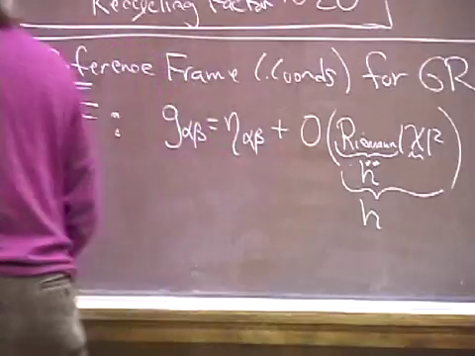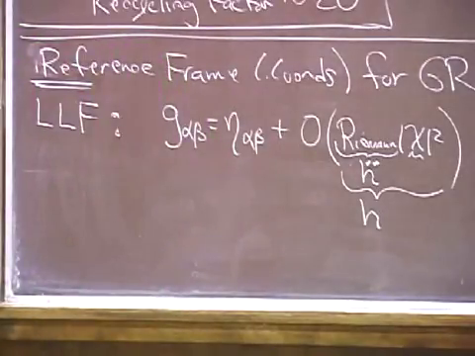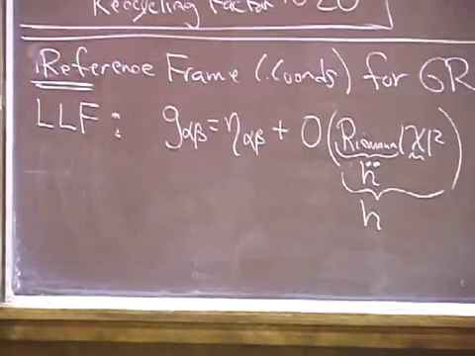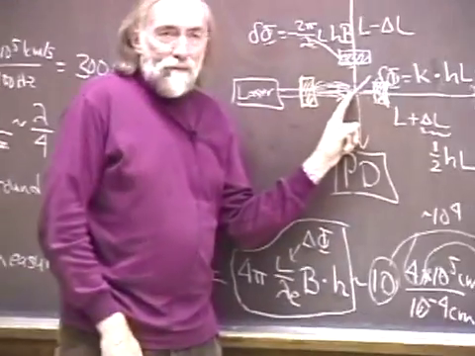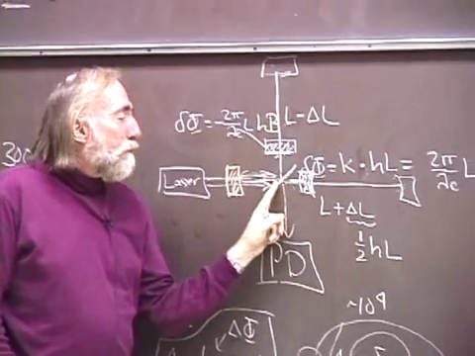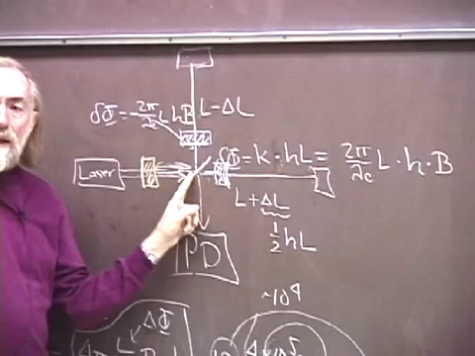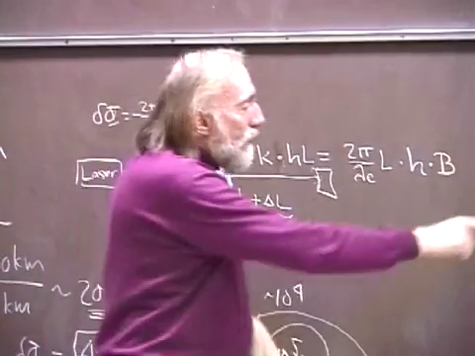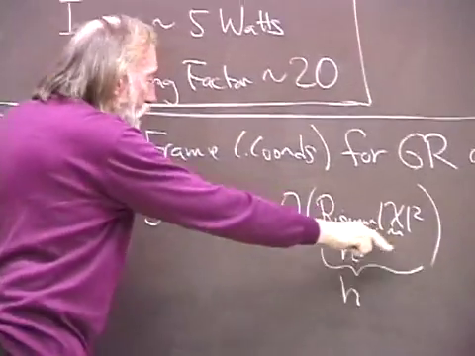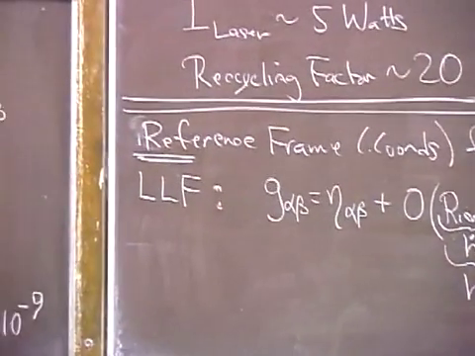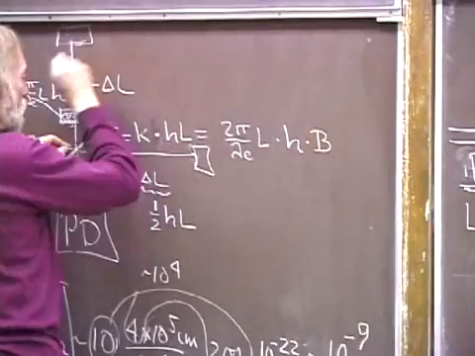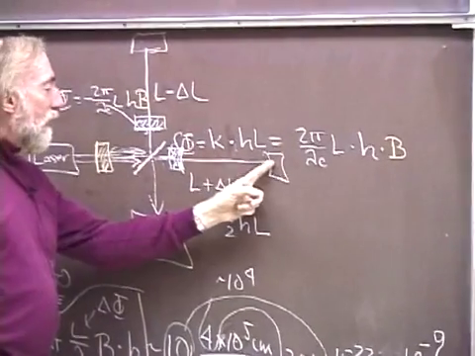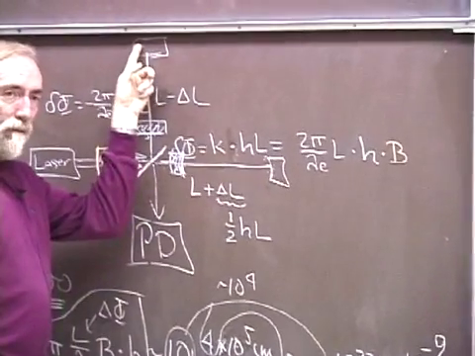In a local Lorentz frame, it would be my practice to work in the local Lorentz frame of the beam splitter, if the interferometer were out in space and falling freely. Then the x that I'm concerned about is spatial distance away from the origin, and I've got to have a frame that covers the entire interferometer, so it's got to go out a distance L along this arm and a distance L along that arm.